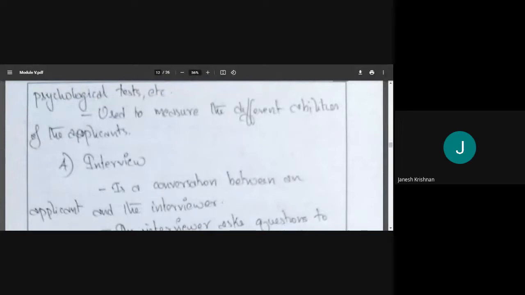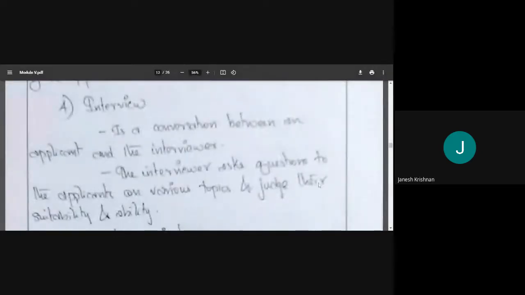Once that is done, you have met the requirements in the application form, then you have passed the test, and you will go for the interview. Interview basically means a conversation between the interviewer and the applicant, right? What you have to understand is that the interviewer might be a single person or a panel of experts.